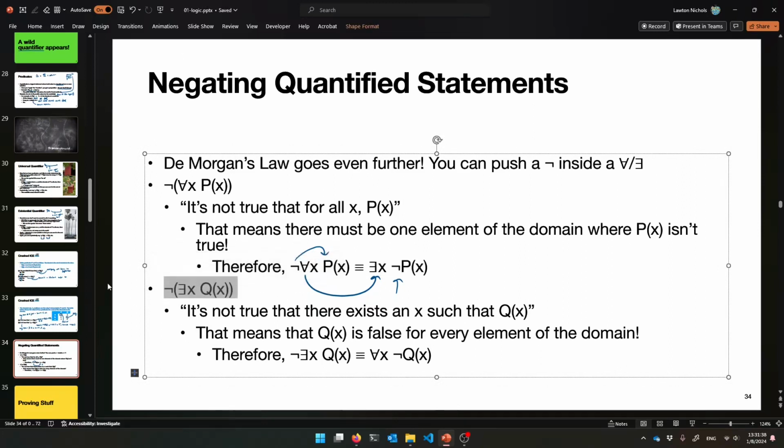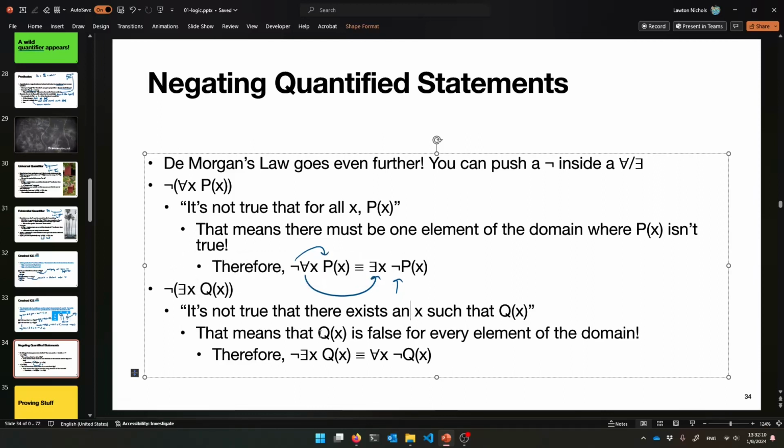All right? Let's do this one because it's the idea that's the exact opposite. So it's not true that there exists an x such that q of x is true. Right? Think about that long and hard. What does that mean? What's another way to restate that? That means that, all right, if it's not true that there exists an x such that q of x is true, that means that they all must be false. You see, I've turned something that has a there exists quantifier into something talking about every element of the domain.